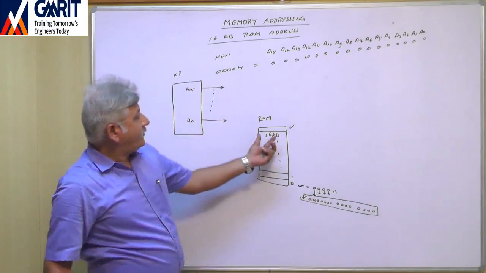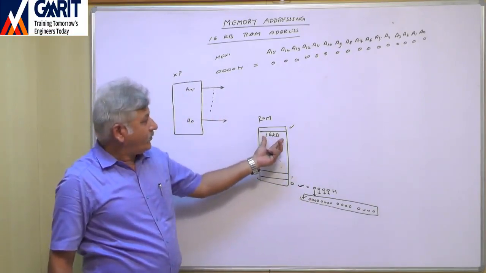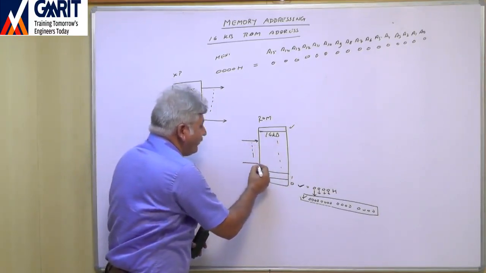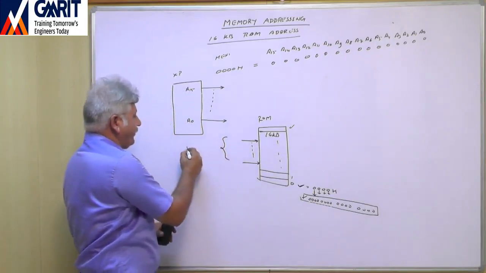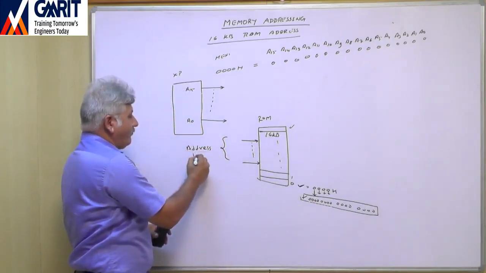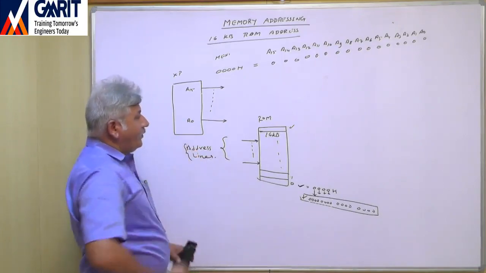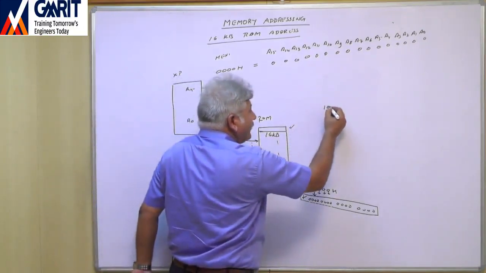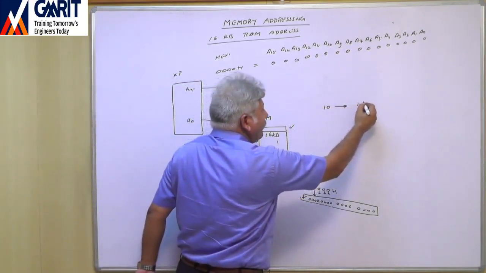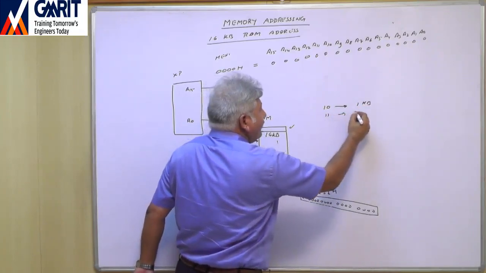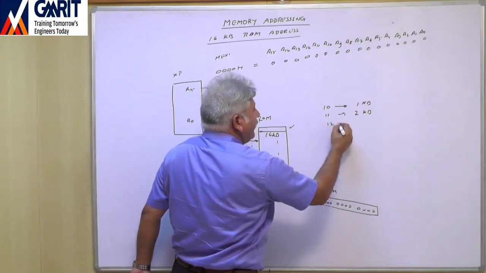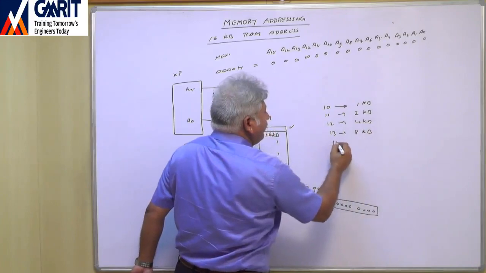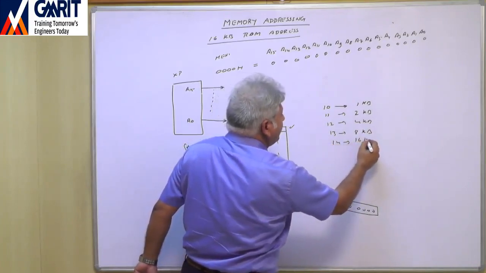Now here we have a 16 KB ROM. First we shall find out how many address lines there will be in this ROM. With 10 address lines we can connect 1 KB, with 11, 2 KB, with 12, 4 KB, with 13, 8 KB, and with 14, 16 KB.